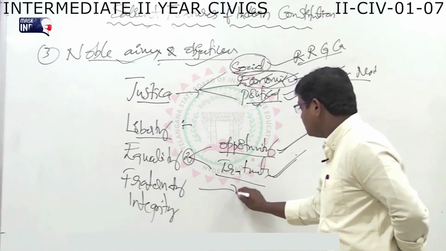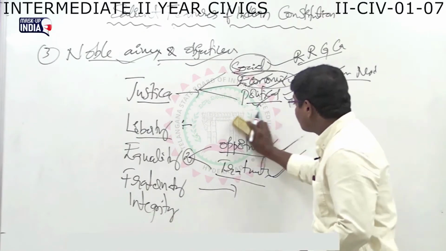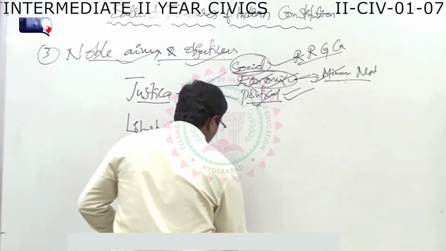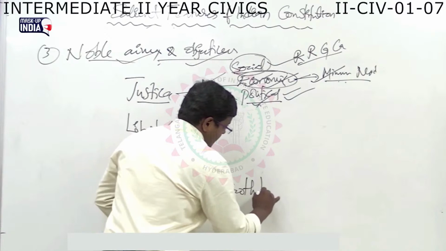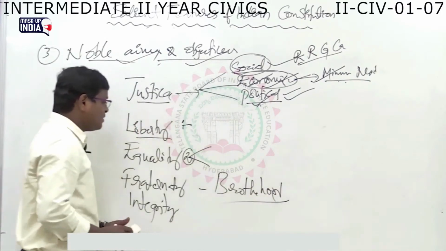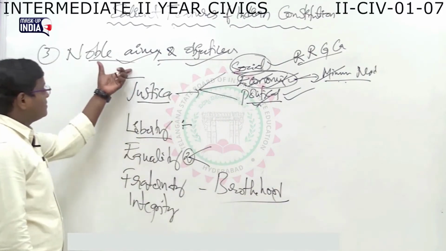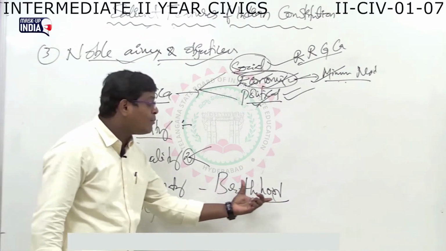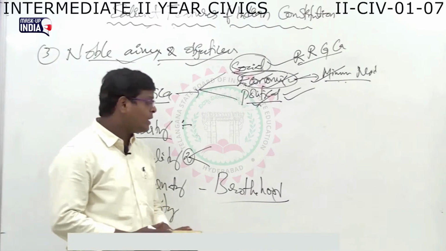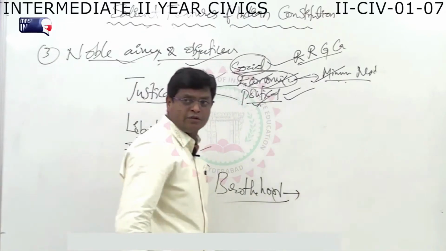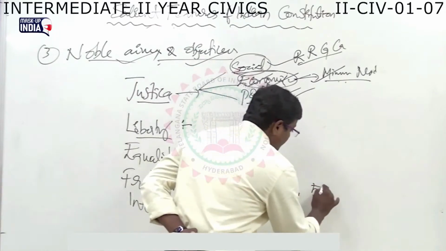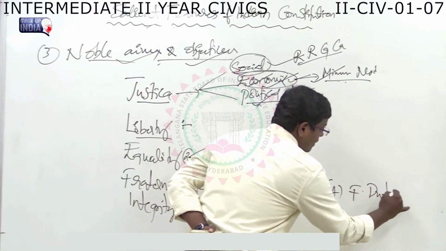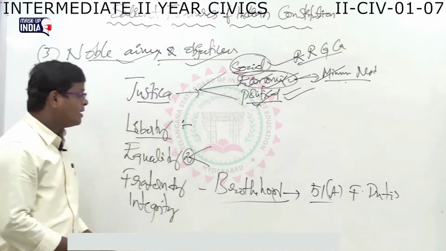And fraternity. What is meant by fraternity? Fraternity is nothing but brotherhood. The state of India shall promote brotherhood among the people of India. You know very well, in the Constitution of India, Article 51A, under the fundamental duties, we provided brotherhood.